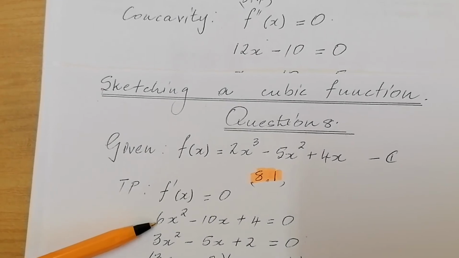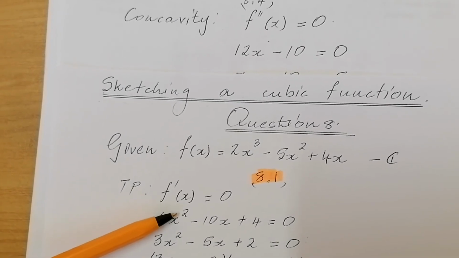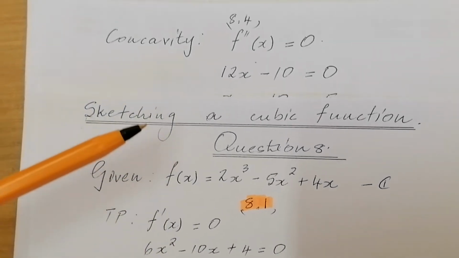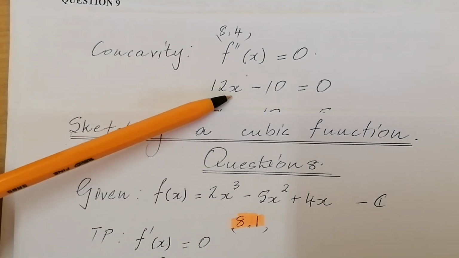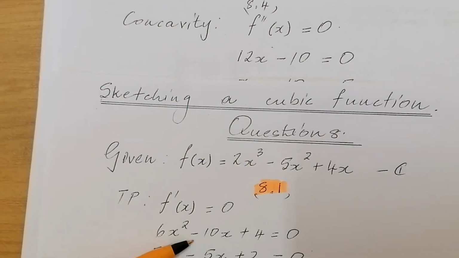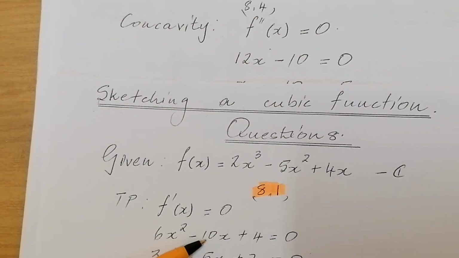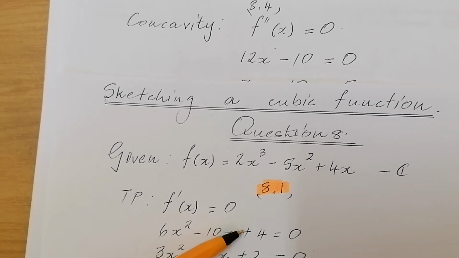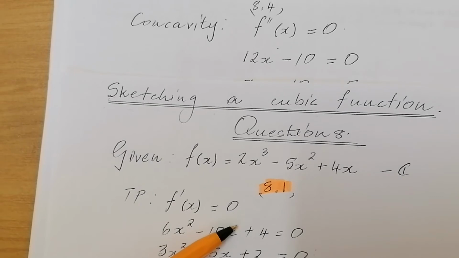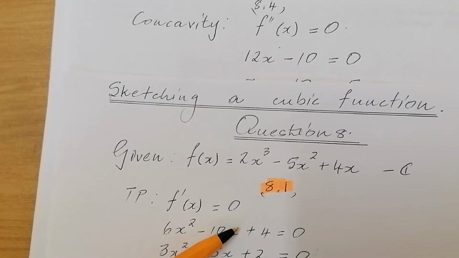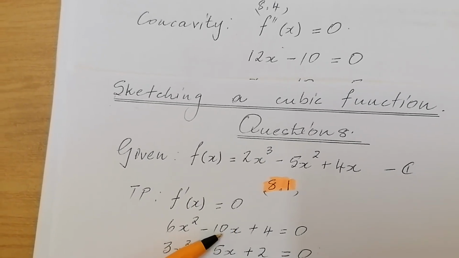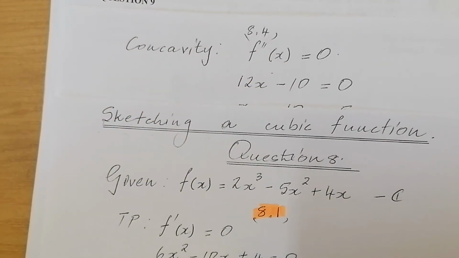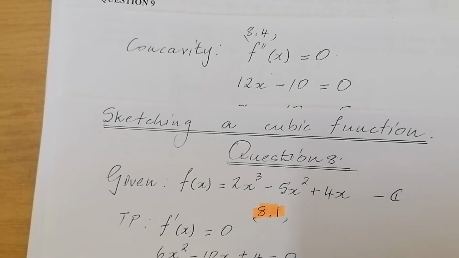The derivative of 6x squared is 2 times 6, which is 12, 2 minus 1, which is 1. It would be 12x minus 1 times minus 10, which is minus 10, 1 minus 1, which is 0, x to the power 0 is 1. 1 times minus 10 is minus 10. And the derivative of the constant is 0.